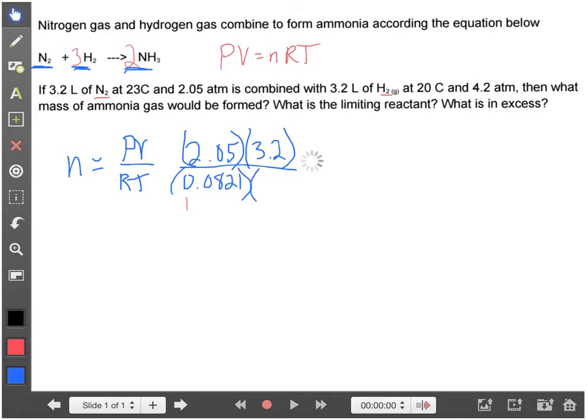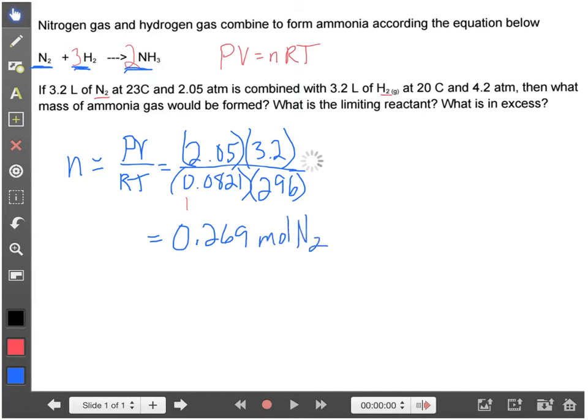My temperature, I need to make sure I add 273 to that, so that is 296. And I will solve, and that will give me the number of moles of N2. And I get approximately 0.269 moles of N2.